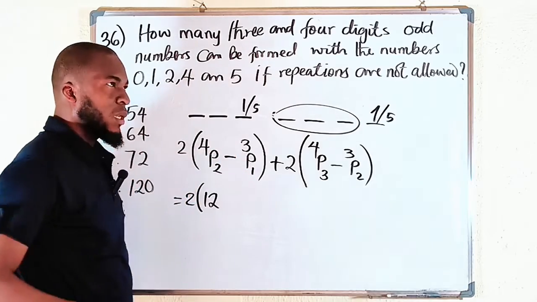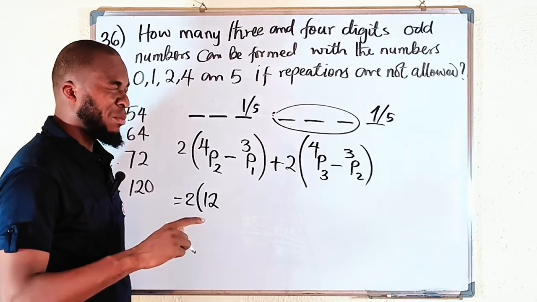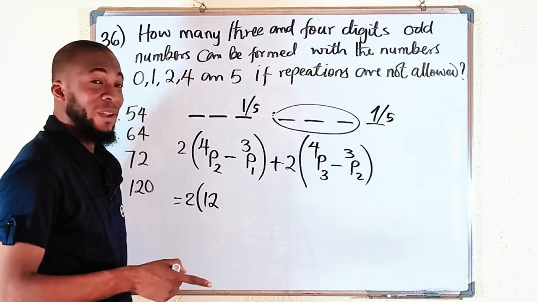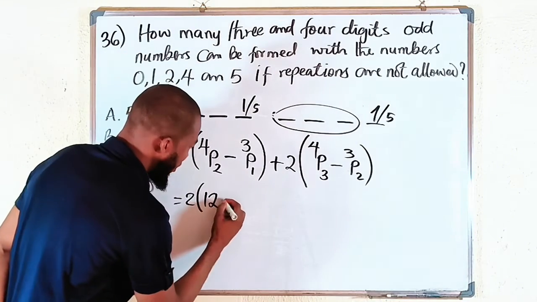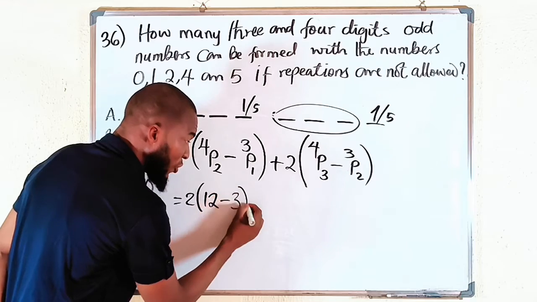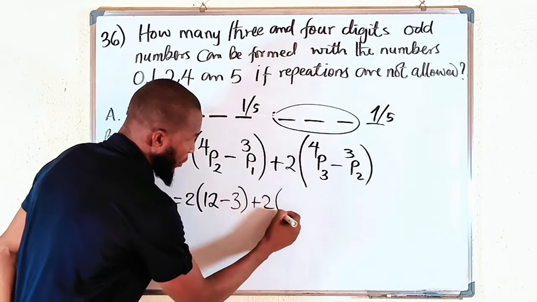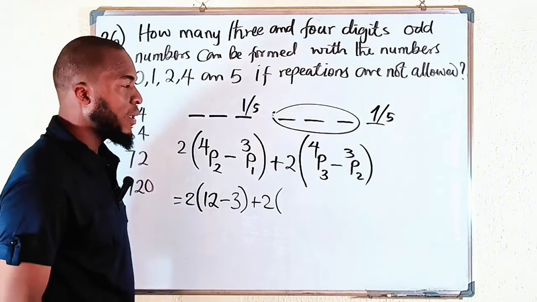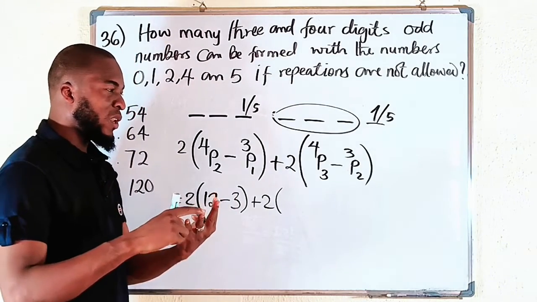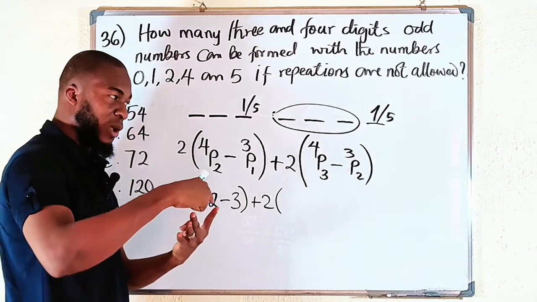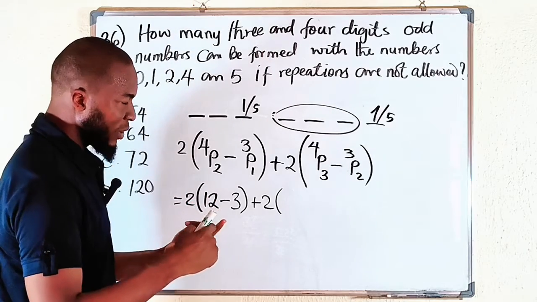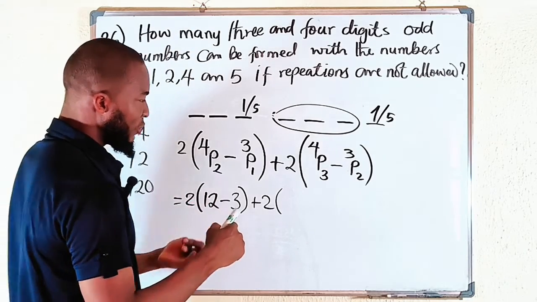For 3 permutation 2, 3 minus 2 is 1, so you take 3 and multiply it by the number before 1. Therefore, it has to be 3 times 2. This is just a shortcut. For 4 permutation 3, 4 minus 3 is 1, so you take 4, 3, 2. You stop because you don't have to go beyond that 1. 4 times 3 is 12, and 12 times 2 is 24, right?